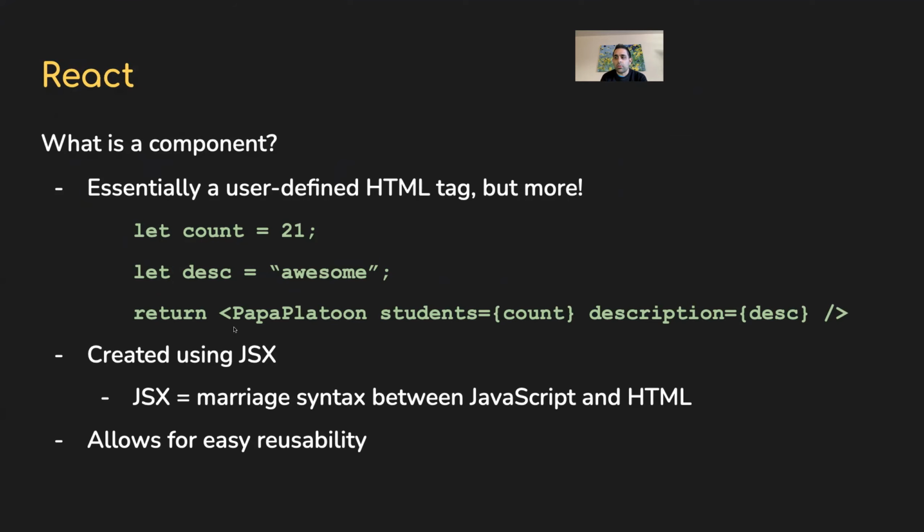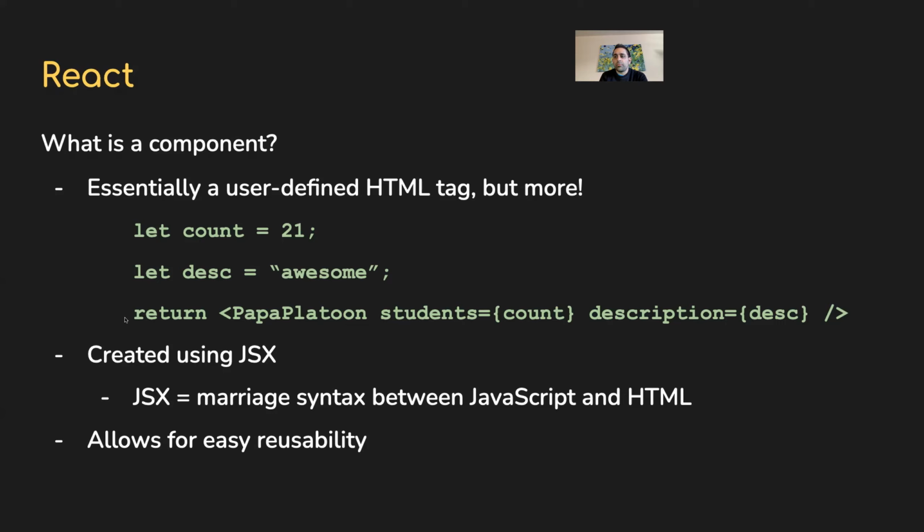Here we have a component with a component name, and then these items are properties. If we're contrasting with HTML, elements have attributes. In React terminology, we have components that have properties. In this case, the Pop Platoon component has 2 properties that we're setting, students and description.